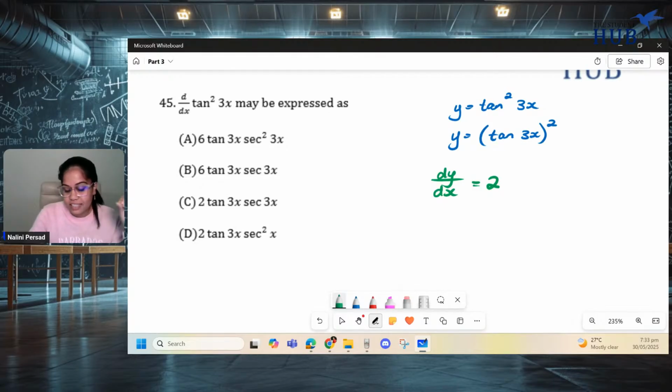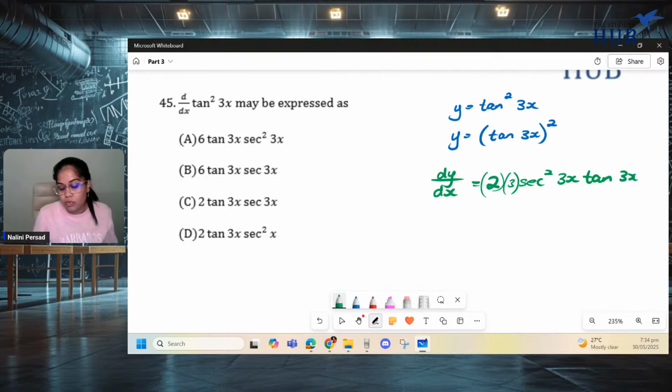If I differentiate tan, I'll get sec squared. Now you have a bracket here. If I differentiate tan 3x, it's actually 3 sec squared 3x. Put it back and you minus 1 from the power.